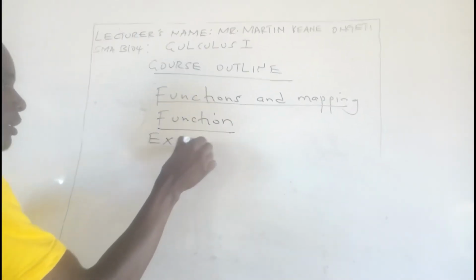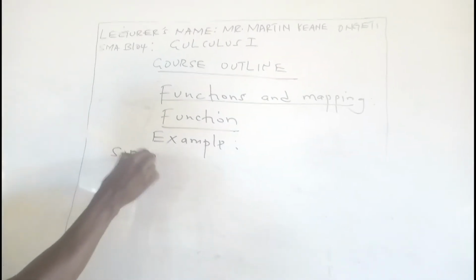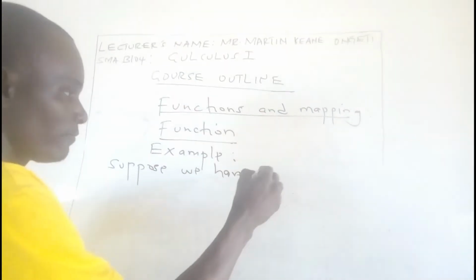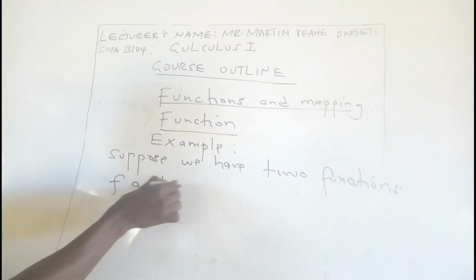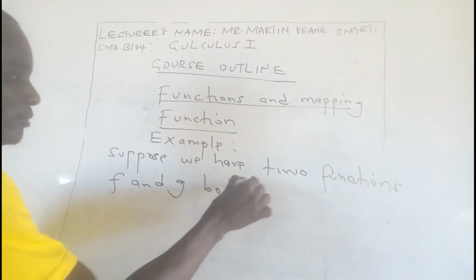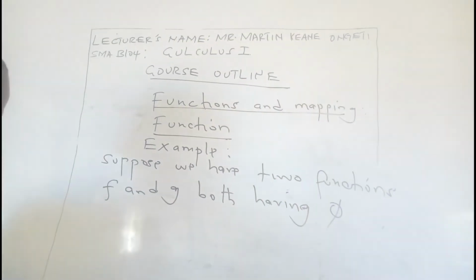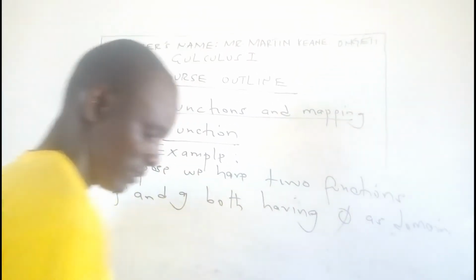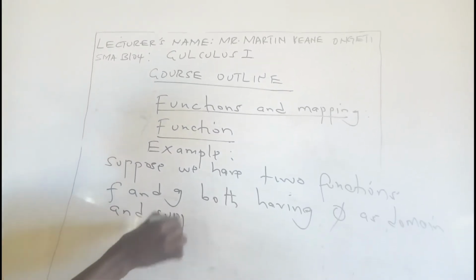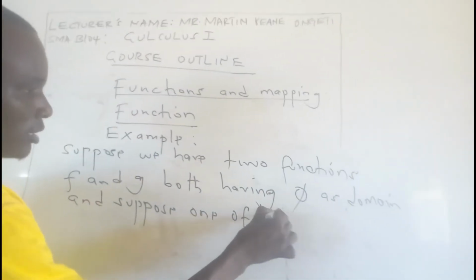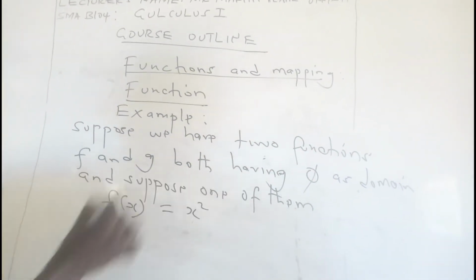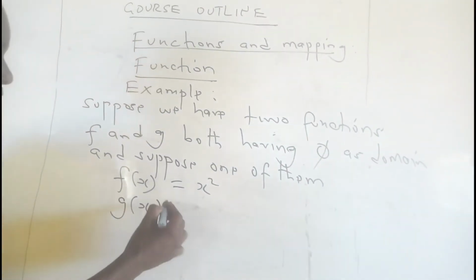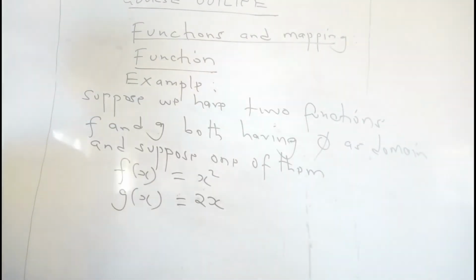Example: suppose we have two functions, f and g, both having the same domain. Suppose f of x squares each of its members, so we can write f of x is equal to x squared, and g of x doubles each of its members, so we can write it as 2 times x.